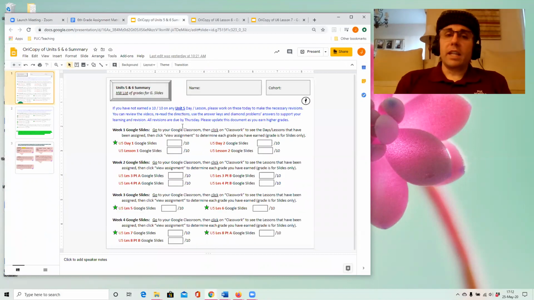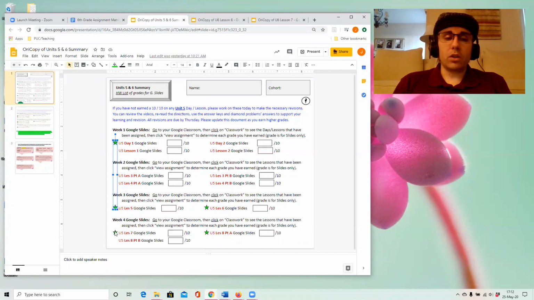If you have not earned an 8 out of 10 on late work or a 10 out of 10 on work that was turned in on time and then revised, then you will need to make sure that you earn that 10 out of 10 or 8 out of 10 by going back, fixing any old lessons, and making sure that you earn that credit. If you have a lot to do, my recommendation is that you focus on anything with a star.